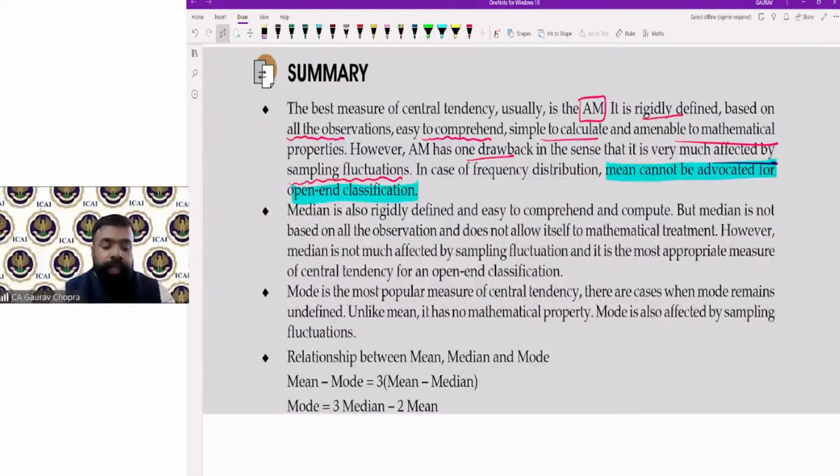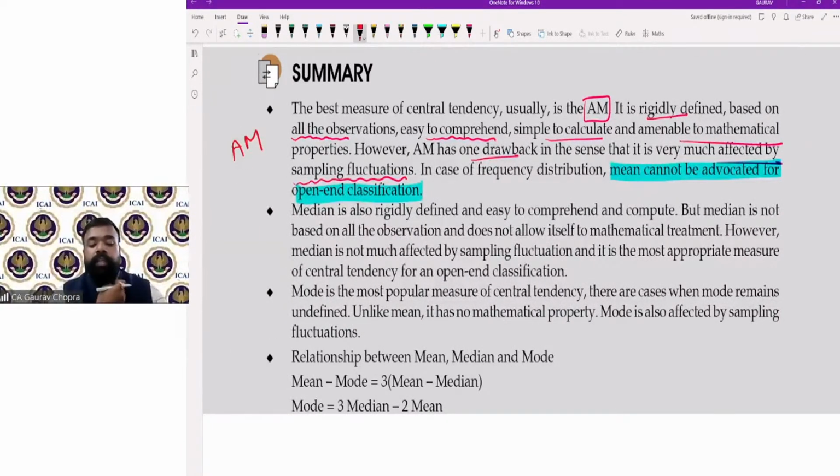So this was all about AM. Then median. Median is also rigidly defined and easy to comprehend and compute. Median is also easy to understand and calculate. But median is not based on all observations. Here we only find the rank and do the calculation, so all observations are not used. And it does not lend itself to mathematical properties, because in median we do not discuss addition, subtraction, change of origin and scale.